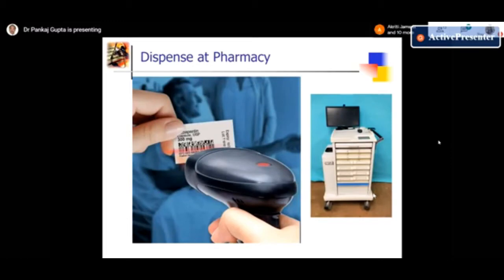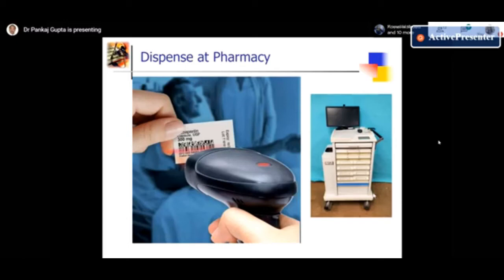When you go and see an ideal implementation, it will be the drugs being put into bottles, and it could be liquids, tablets, injectables, whatever. It will be put into bottles, and the label on the bottle will be a barcode printed label. The pharmacist will print it, put it on the bottle, and then scan it.